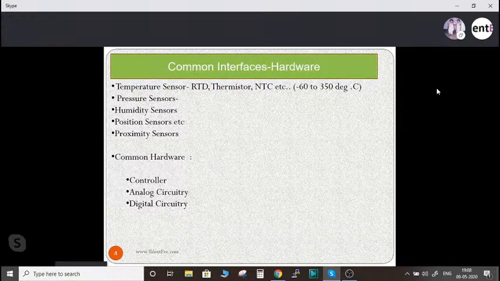But your hardware, your ECU control, as you call it in automotive, is similar to the control in industry. Both have the same kind of controller, the same kind of analog circuitry, the same kind of digital circuitry, but the domain part is different. Those domain parts you will learn only if you get hands-on experience in that particular domain, if you work on it, or you may take some YouTube videos and work on particular areas.